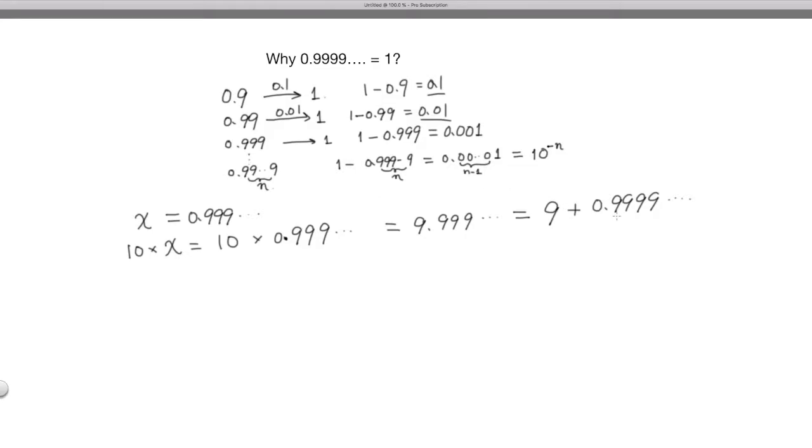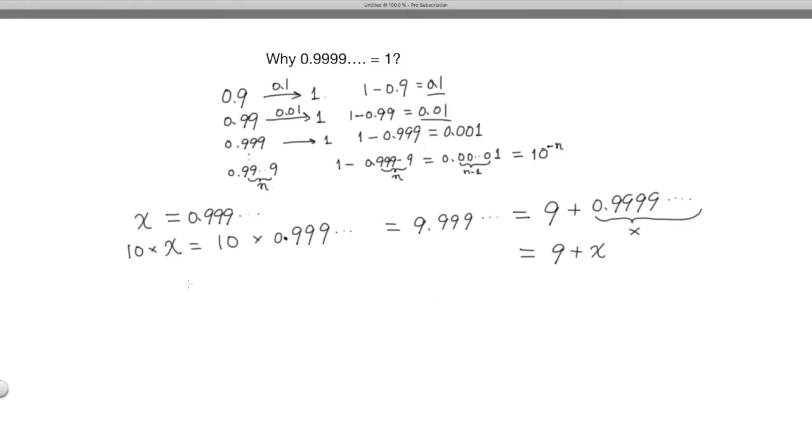Because there are infinite 9s, this number is the same as x. Removing one 9 from an infinite number of 9s still results in an infinite number of 9s. So this whole thing equals 9 plus x.